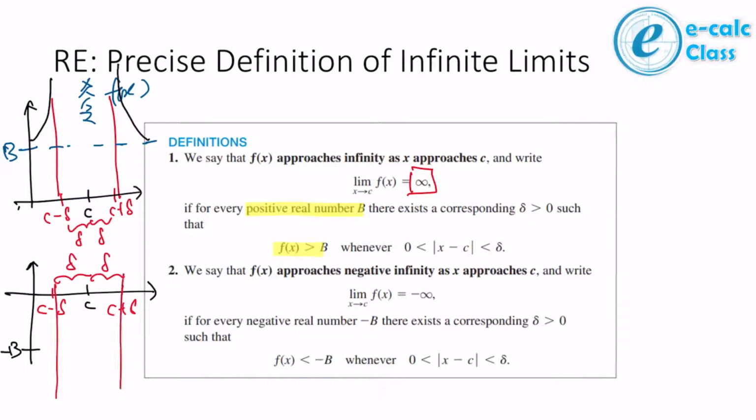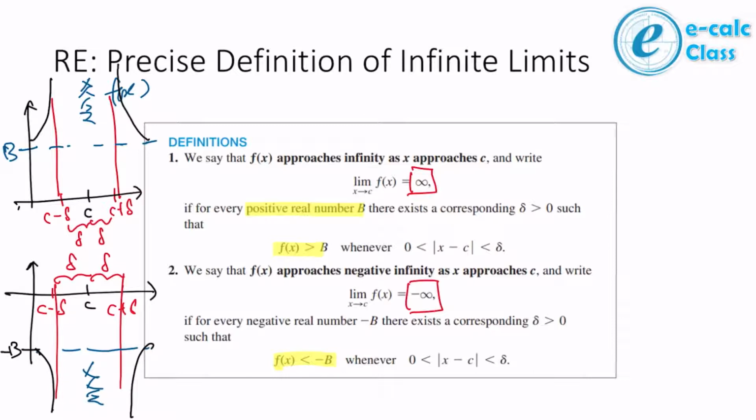When your x is within this interval, then you say that your f(x) is smaller than negative b, which means your f(x) is a very small number, hence it is actually negative infinity. Alright, so these are the important concepts before you make sense of what you write in your epsilon-delta proof.